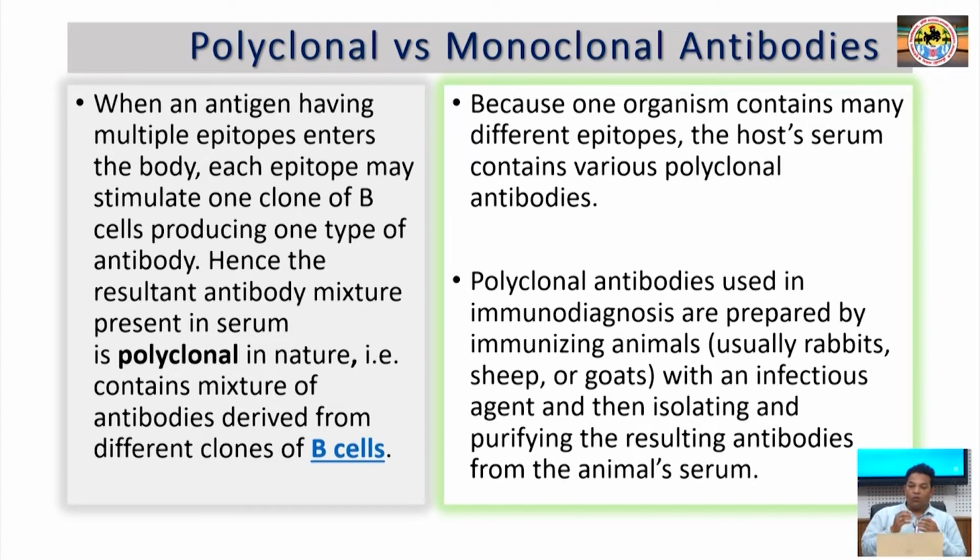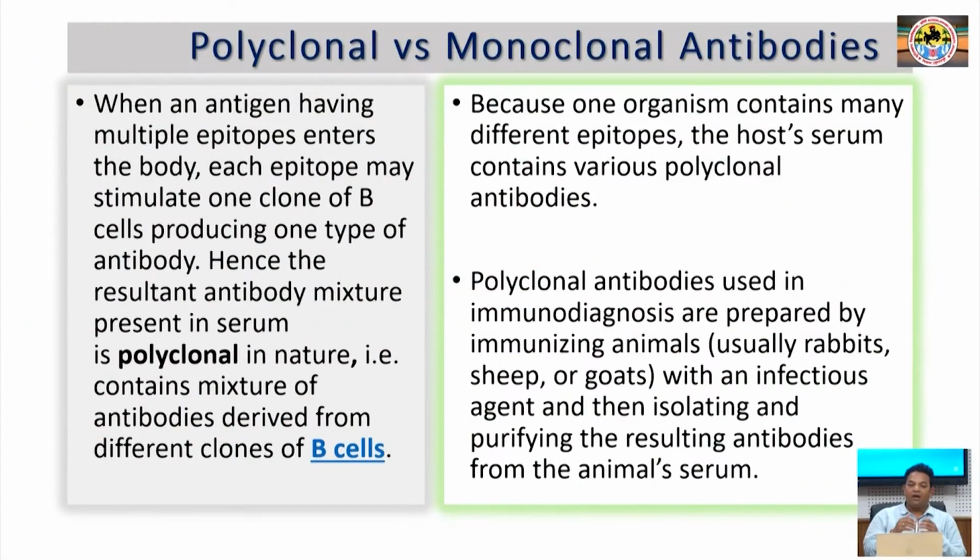Means which type of antibody you are going to produce, you have to isolate that particular antigen, and that particular antigen we can say infectious agent. It may be anything which is responsible for any type of infection inside our body. So, that particular antigen we will inject in the animals, and after the isolation of their plasma, we will isolate, purify, and further we will understand one by one.